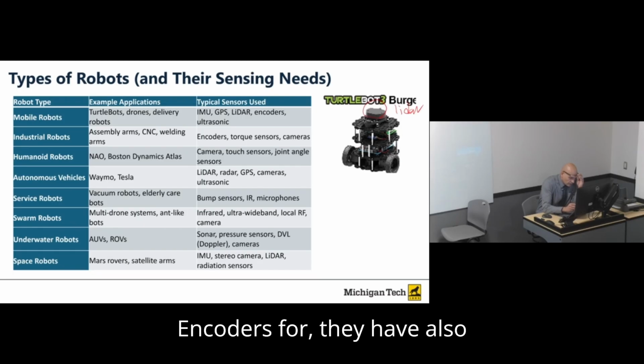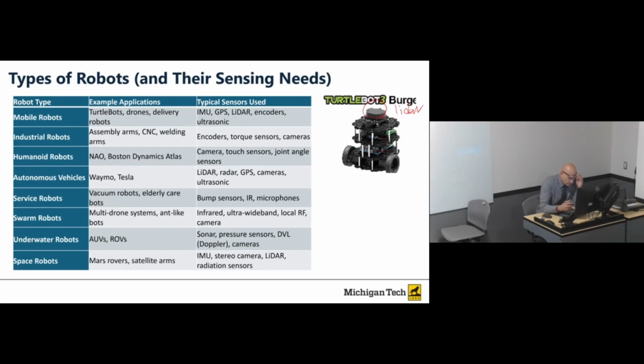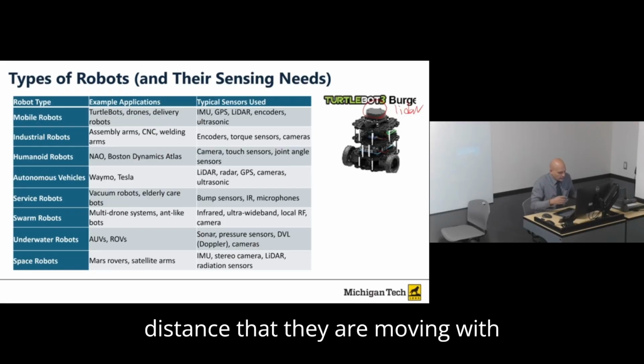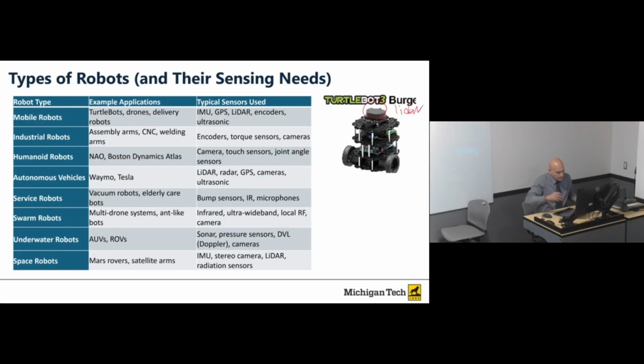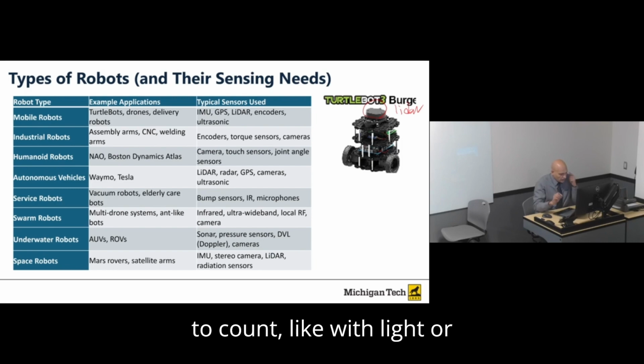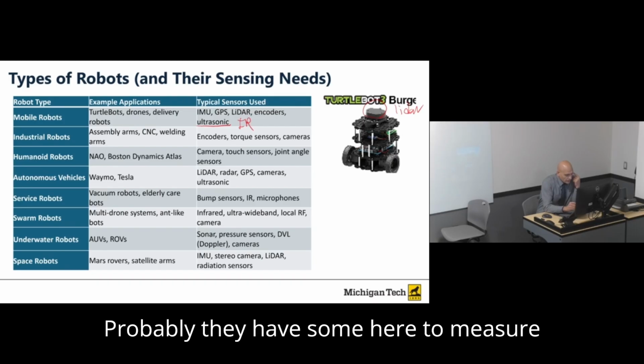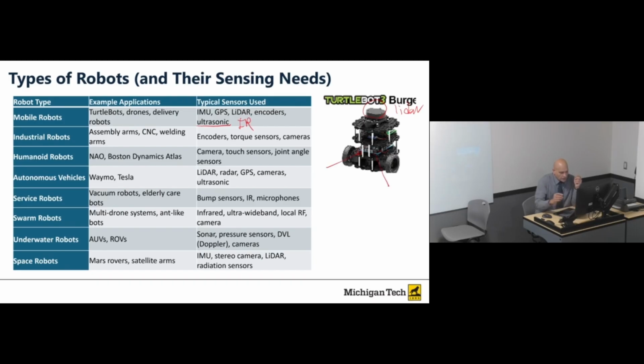They also have encoders for wheels to see which direction wheels are moving, or even they can measure the distance that they are moving by counting wheels. They have some encoders to count, like with light or magnet. And ultrasonic or infrared, probably they have some here to measure distance to obstacles around.